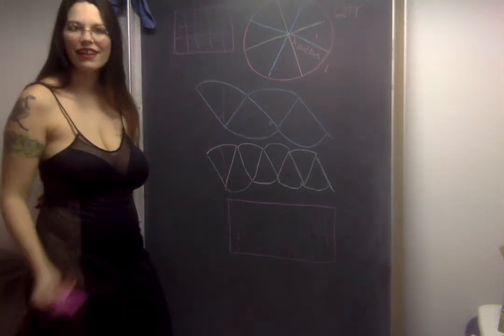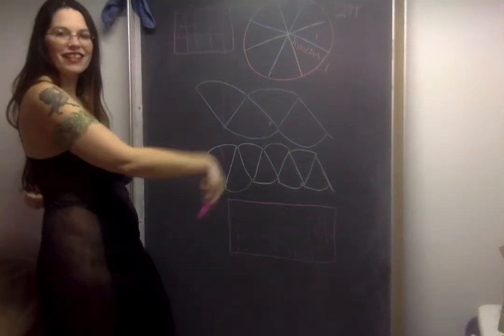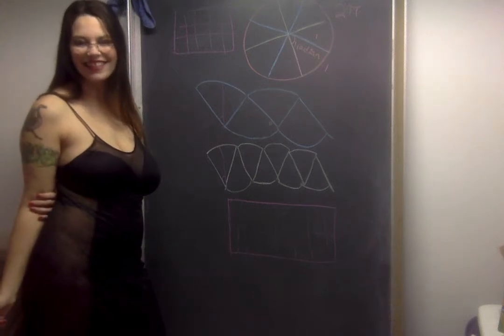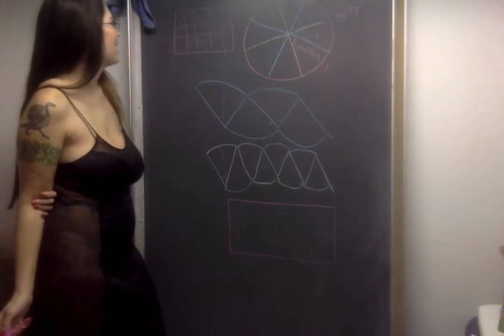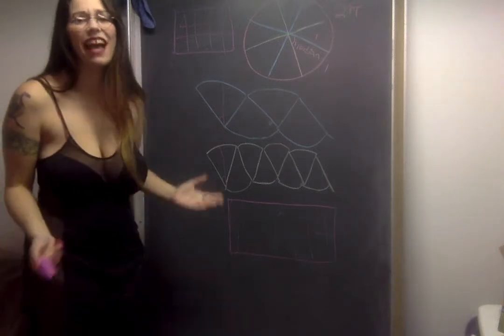So here I have a 5 column, 3 row cake that I've cut into little rectangles, and I'm getting 15 slices.